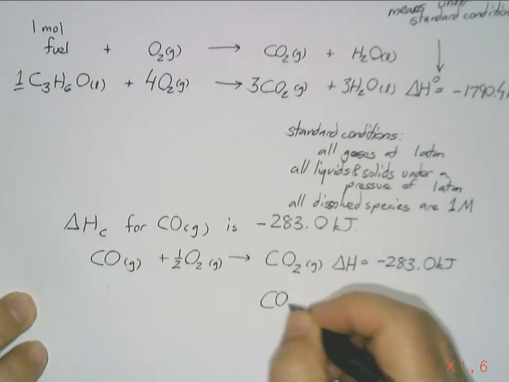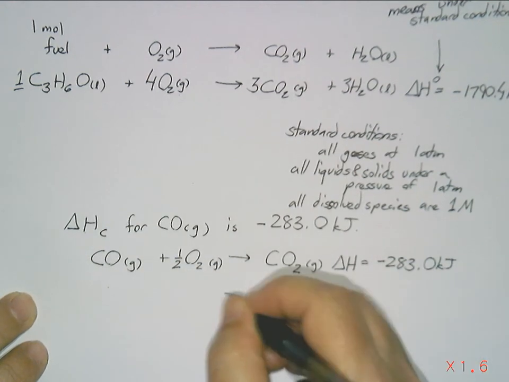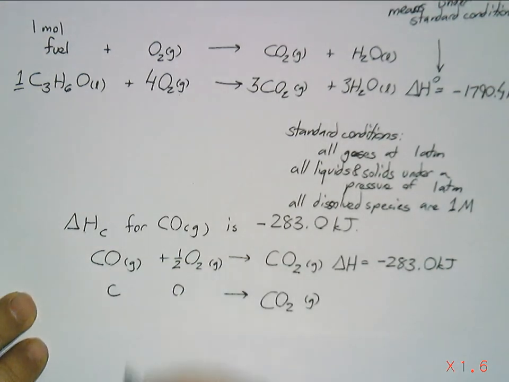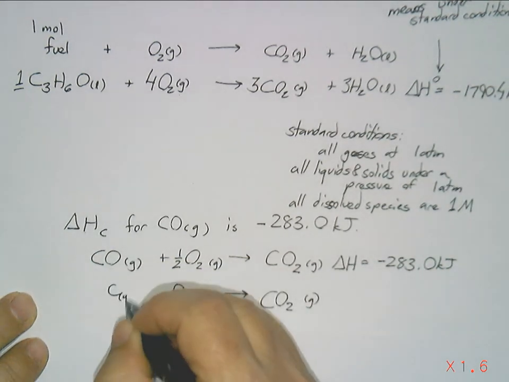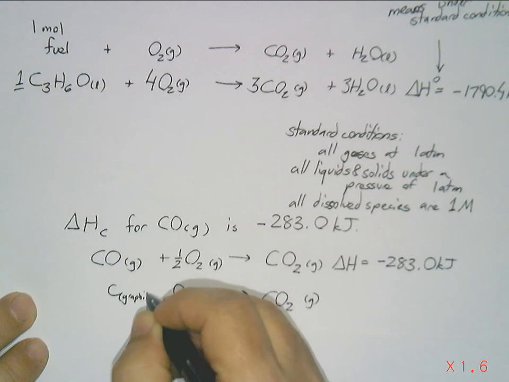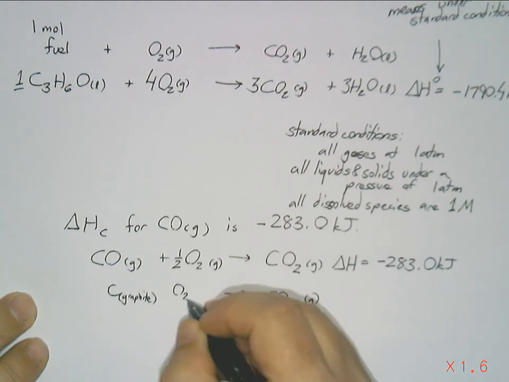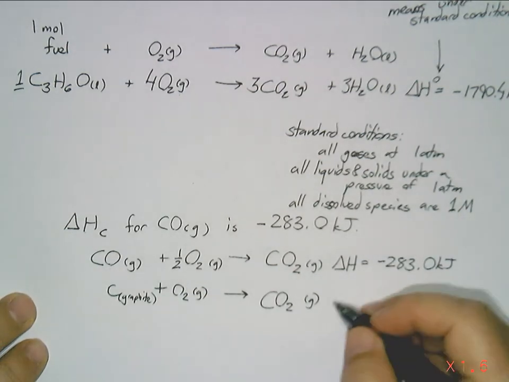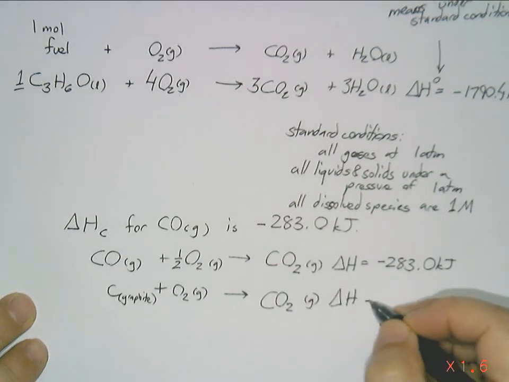Well, you'd have to have carbon and oxygen on this side and put them in their most stable forms. Carbon's most stable form is graphite. Oxygen's is O2 gas. And you have to add them together and make sure it's balanced. It is. Delta H for that is quite a bit different.